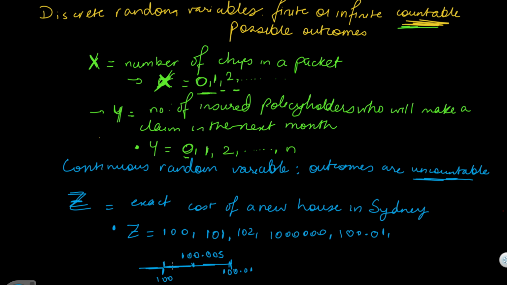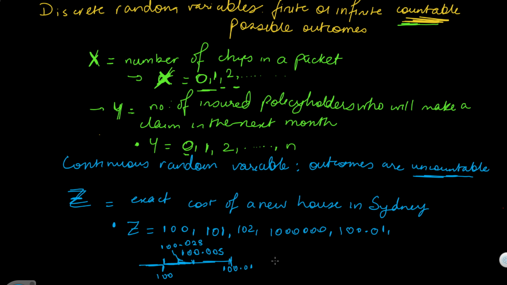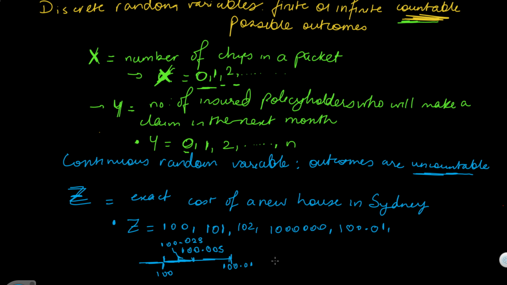And even between these two, there could be another outcome for Z, which is $100 and a quarter of a cent, and so on. So this is basically an infinite arrangement. Sorry if you can't see that a little bit.